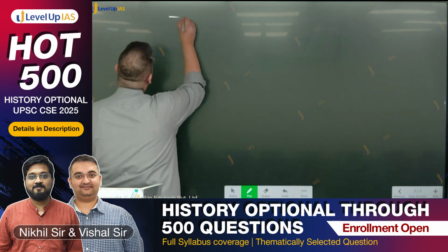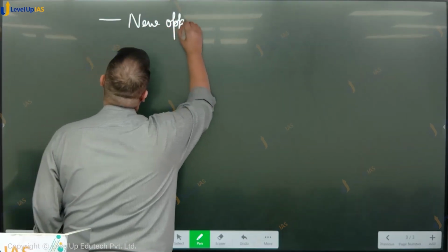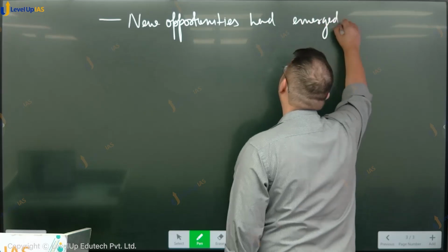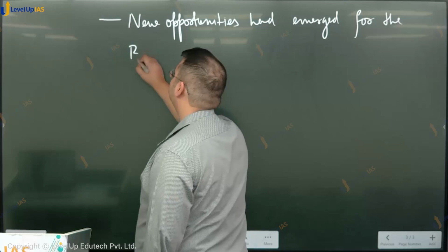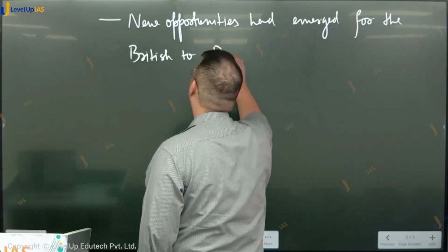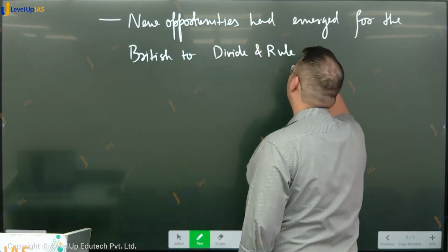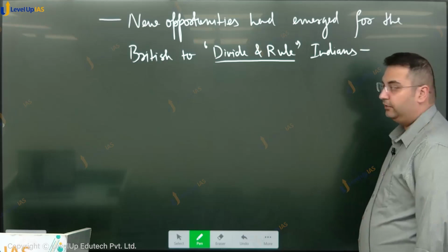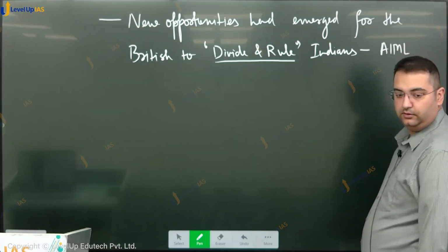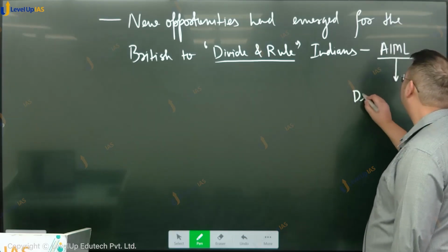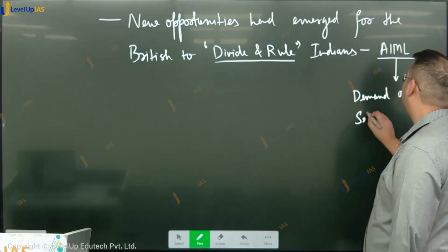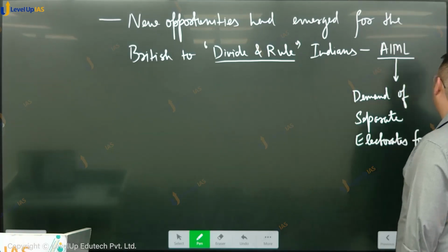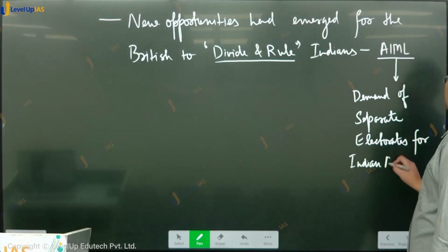Thirdly, new opportunities had emerged for the British to divide and rule Indians, in the shape of the formation of the All India Muslim League, with its demand of separate electorates for Indian Muslims.